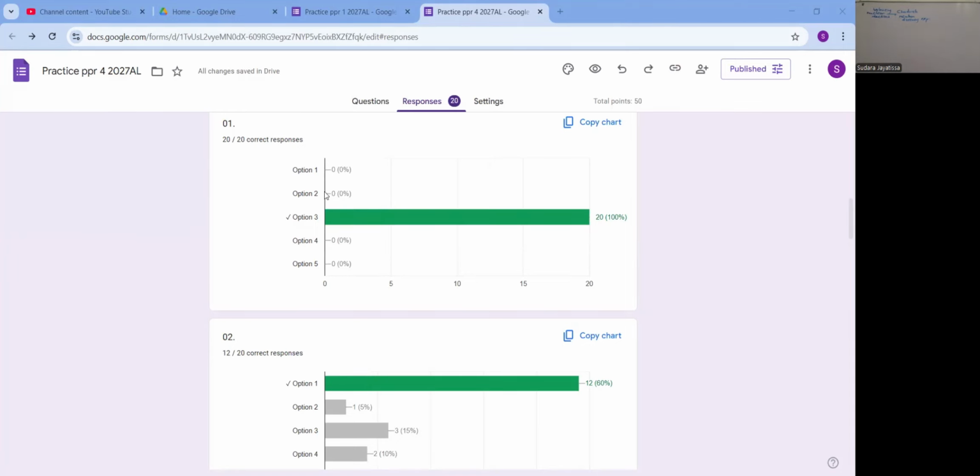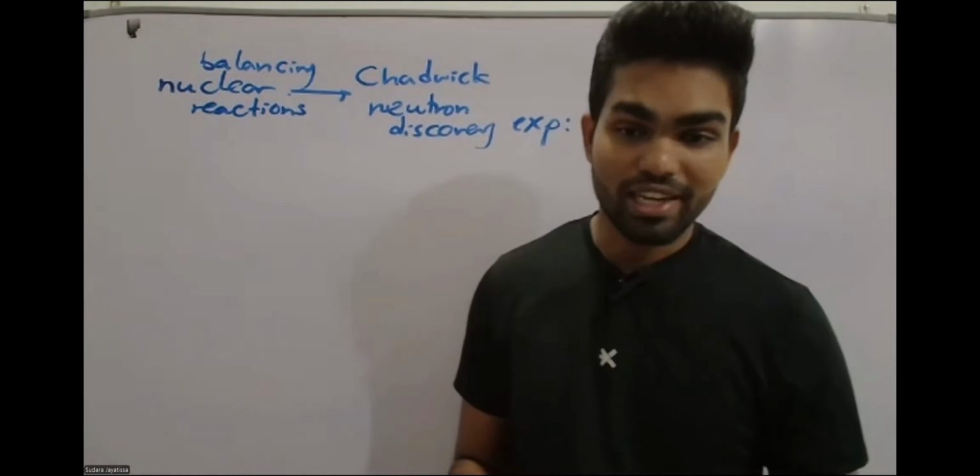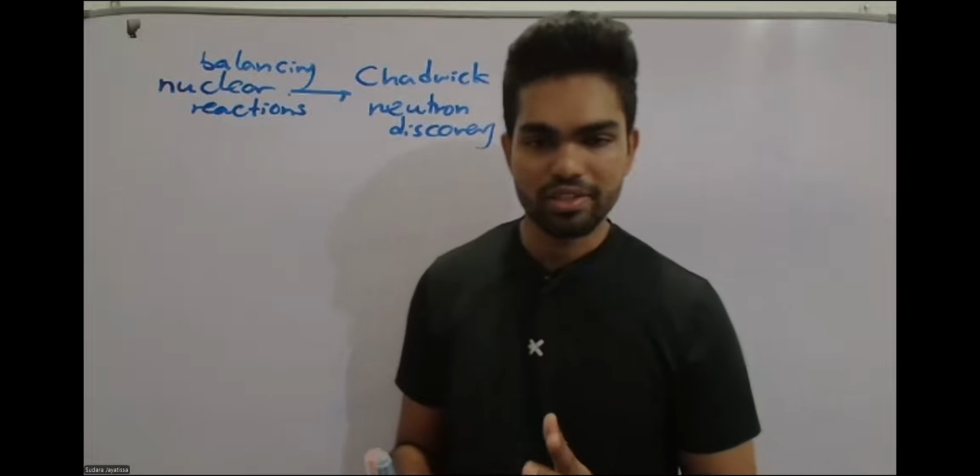So all the 20 students have answered the question correctly. That means the third one is the balanced nuclear reaction. Very good. So that means you all have understood the question properly, and the theory properly actually, right? So what we did last week is good, right?